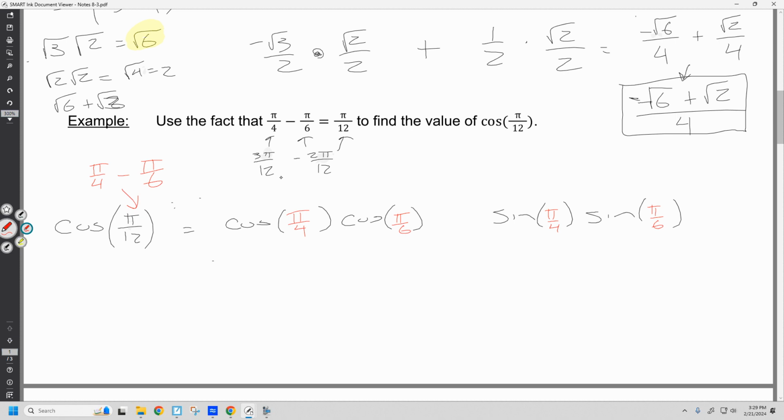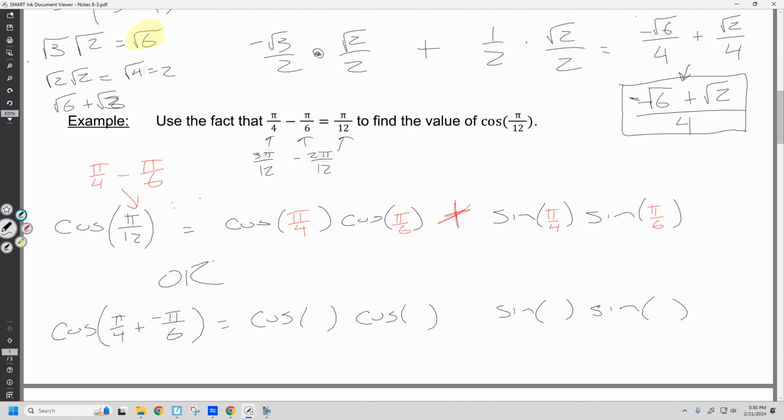Cool. Keep the angles positive and change your sign to be a plus, because with cosine, we flip the sign. Or you can write it as cosine pi over 4 plus a negative pi over 6. A lot of students like to always think about plus and negatives. I do as well. If you were to do that, cosine, cosine, sine, sine, this would be positive pi over 4 and this would be negative pi over 6.